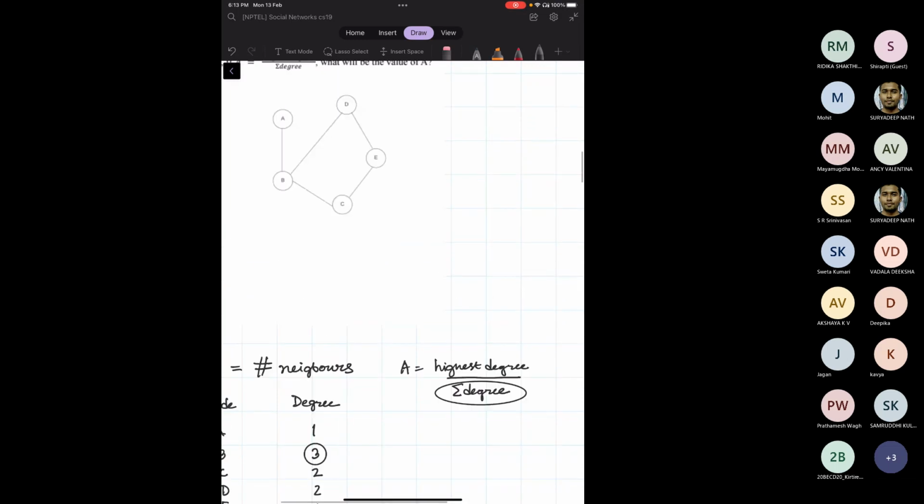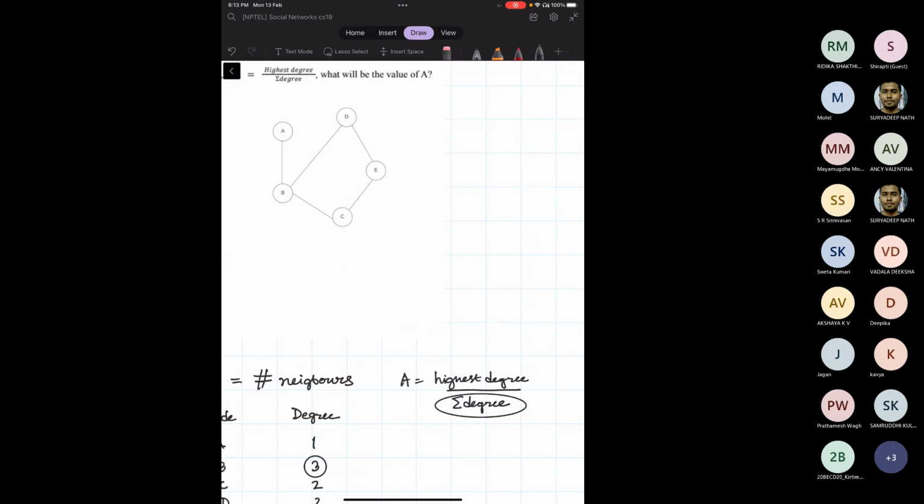If you are adding the degrees of all the nodes, what you are basically doing is counting the number of edges connected to that node. If we look at B, what you are counting is this, and this, so thrice. But when you go to D, again you are counting this edge and this, so you're counting this edge BD twice.